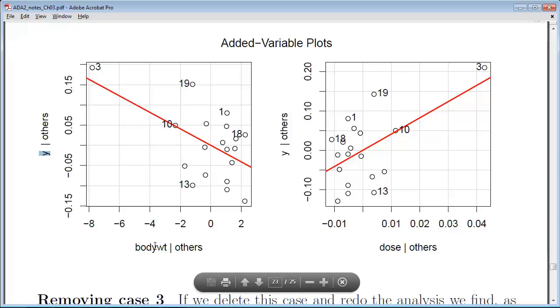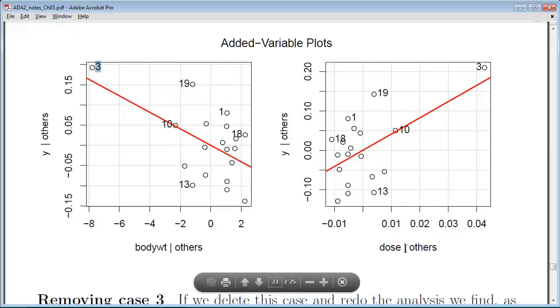If you regress body weight onto dose, these are the residuals on the horizontal axis, and we see that observation 3 is way up here. Look at the slope of this line, and imagine what the slope would be if you excluded observation 3. If you just look at this cloud of points, it's a horizontal line, no pattern at all, no relationship.